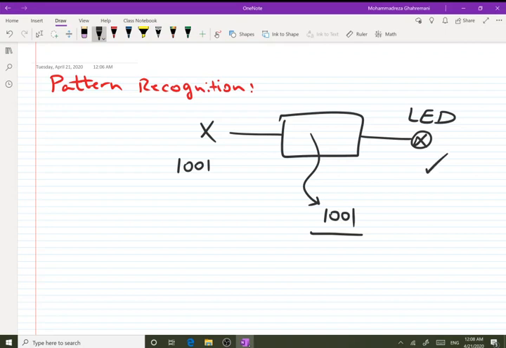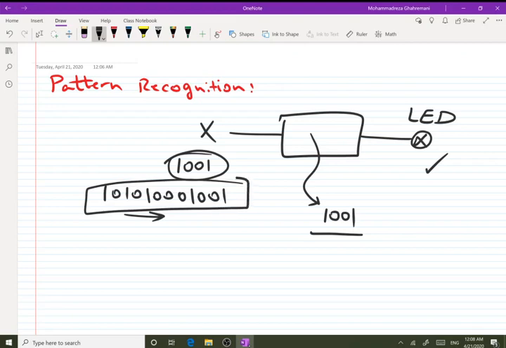So we have a train of inputs that are binary numbers, and as soon as the circuit recognizes the pattern, it will activate the output. For example, in this sequence of information, we see that this pattern can be seen at this location.